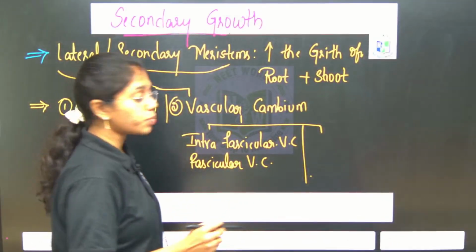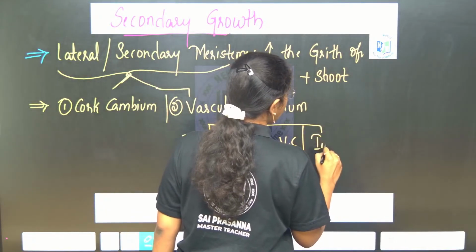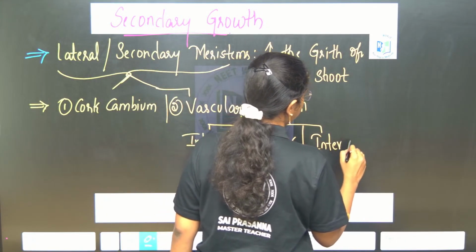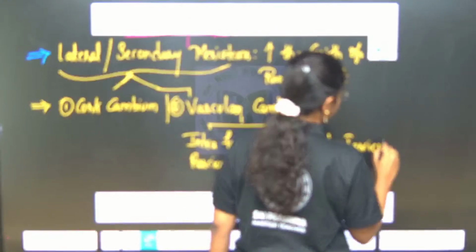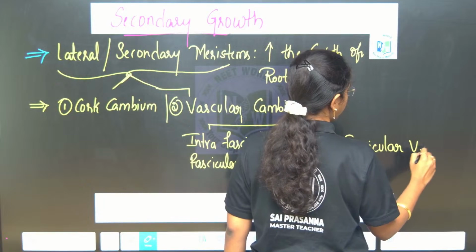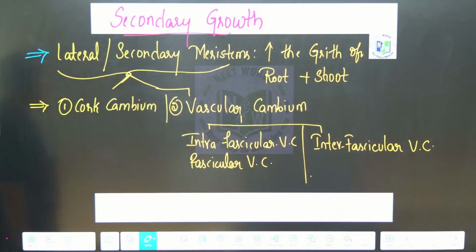And if it is present in between two vascular bundles, it is said to be interfascicular vascular cambium.